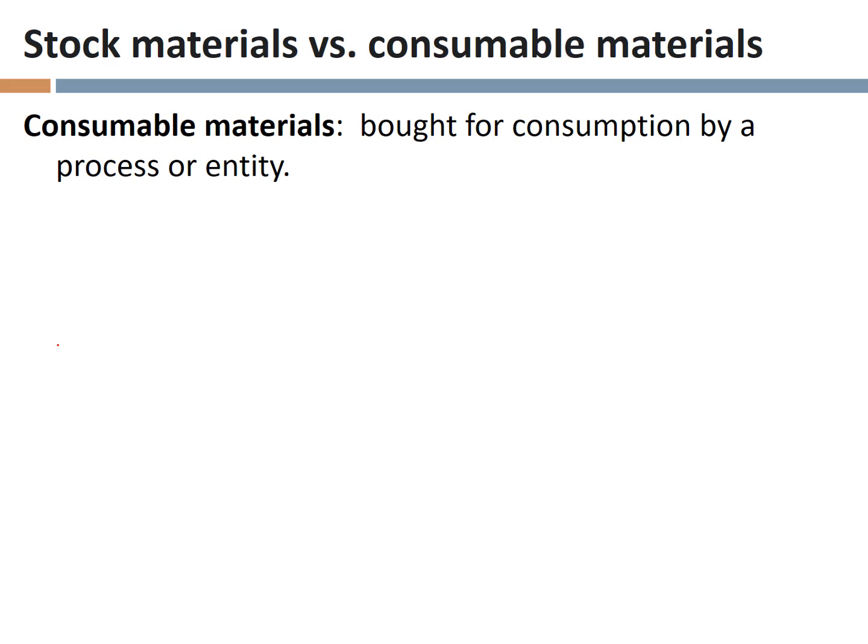Now, to get to the other question, there are some times where the line here becomes really, really fuzzy because maybe we're a company that makes shop rags. And so because we make shop rags, we have a whole warehouse full of shop rags. We're going to value those as assets because that's our inventory that we sell. But ironically enough, periodically, we may pull some of them out to give to our cleaning people to wipe stuff up with.